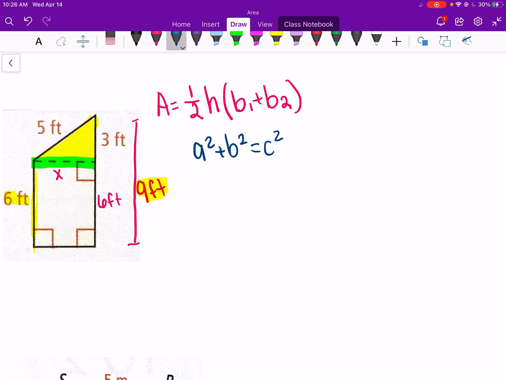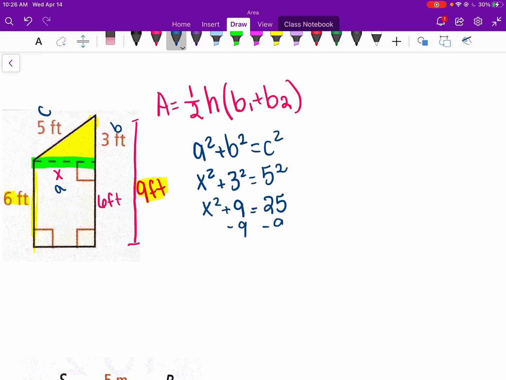So in this case, our c would be 5 because it is the hypotenuse. So that means our a and our b would be x and 3. So this would give us x squared plus 3 squared equals 5 squared. 3 squared is 9. 5 squared is 25.